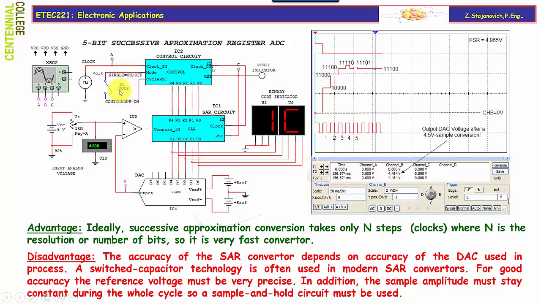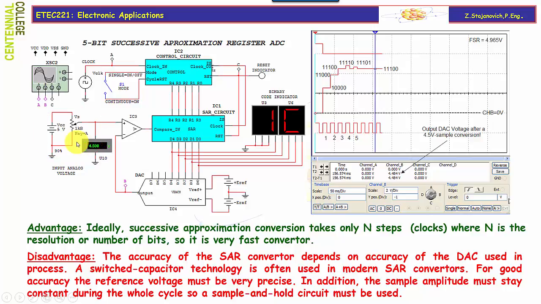As you would verify yourself in lab experiment 3, a real SAR analog to digital chip also has almost identical functionality. However, this simulation does not include sample and hold circuitry. Instead, a variable analog signal is simulated using a potentiometer driven by DC voltage, VCC 5 volts, so as to keep the constant amplitude while conversion takes place.